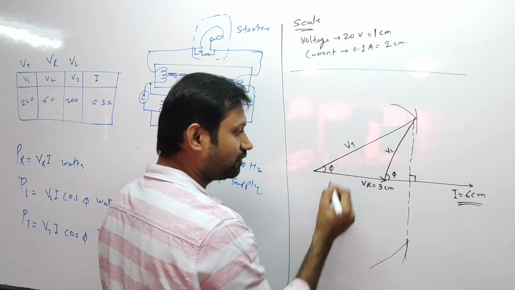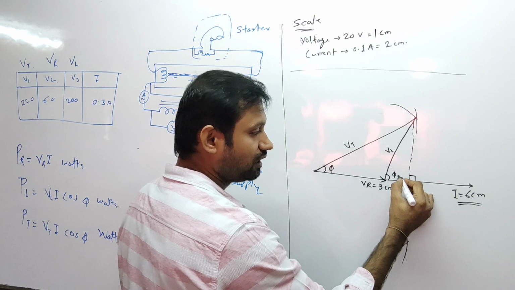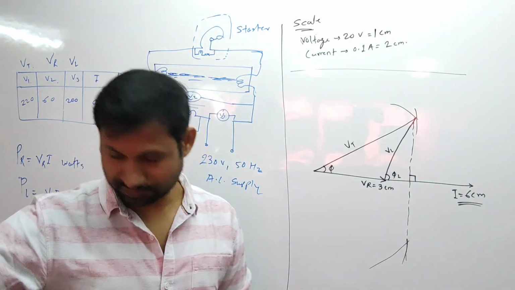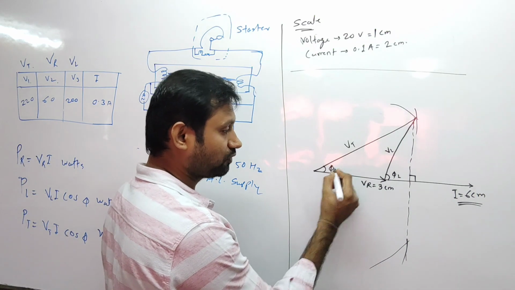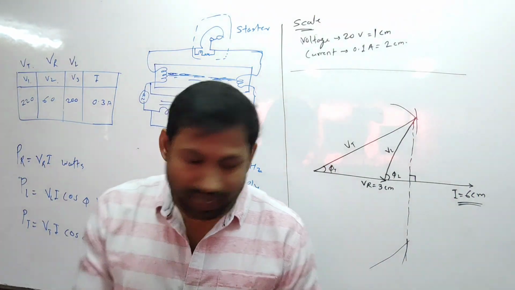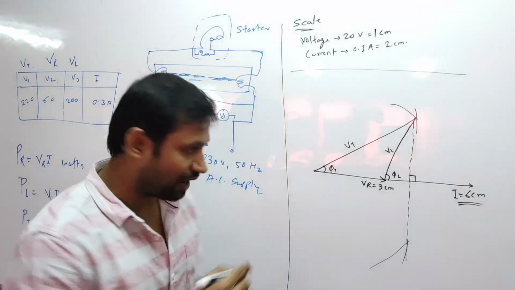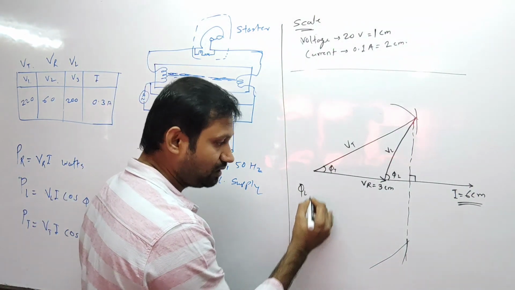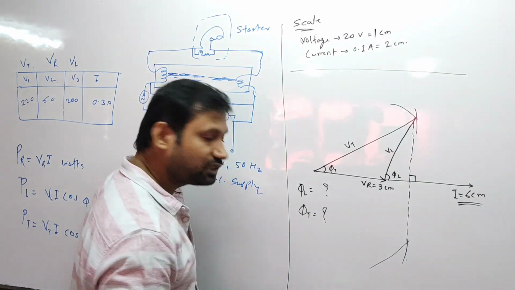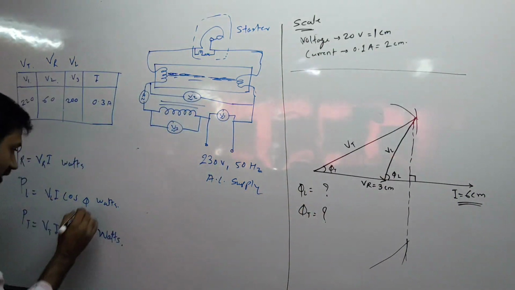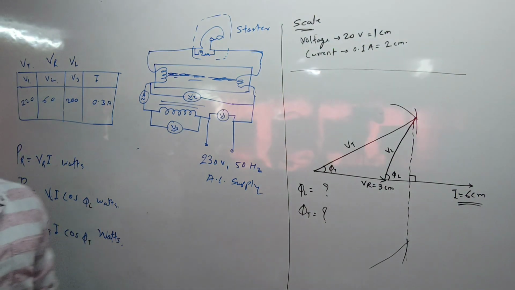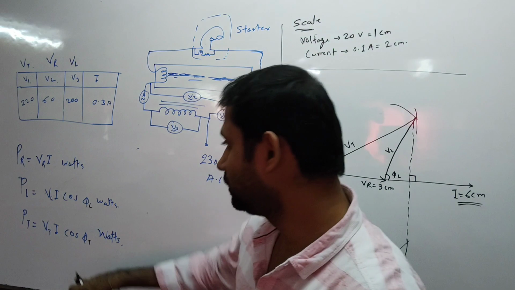This angle I'll say phi L, and this is the total voltage angle phi T. Take a protractor and measure phi L and phi T, and put these values in the calculations.